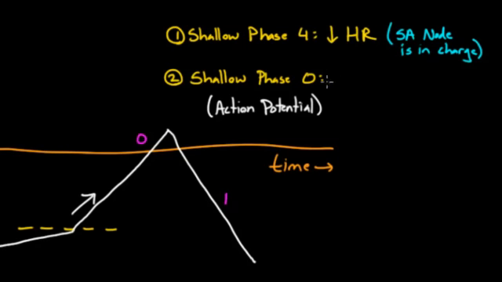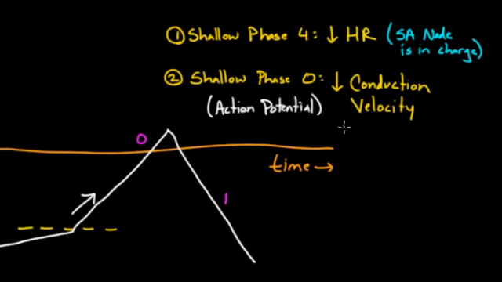So the effect of this is going to be a low conduction velocity, meaning that ions are taking a while to get over to neighboring cells and trigger their action potentials. So going from cell to cell to cell, it's going to be sluggish through that AV node.